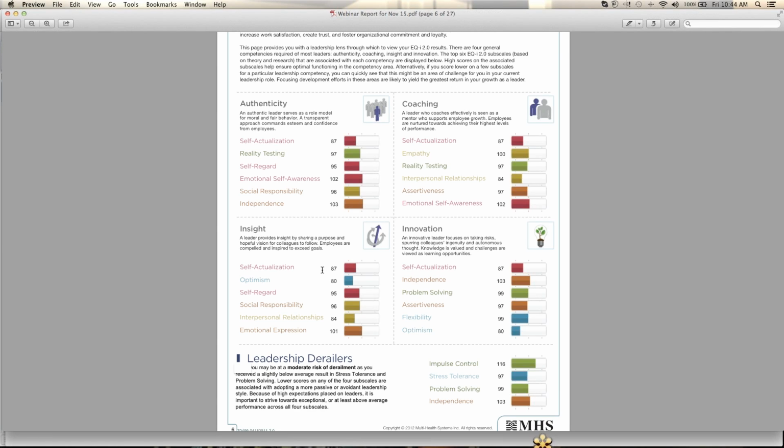However, we can also point to and look at that high impulse control as a potential issue around innovation. Because what we know is that innovators, creative people, actually take some risks in order to be innovative and to come up with creative ideas.